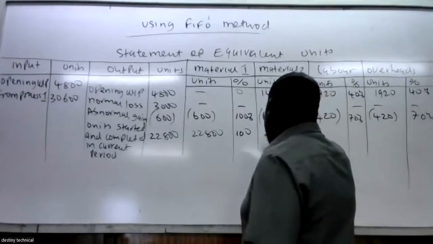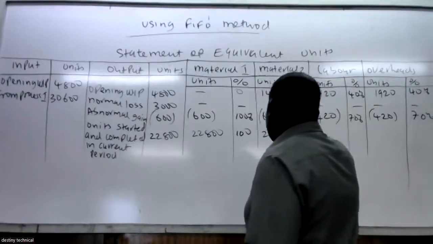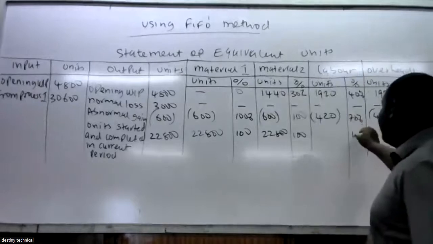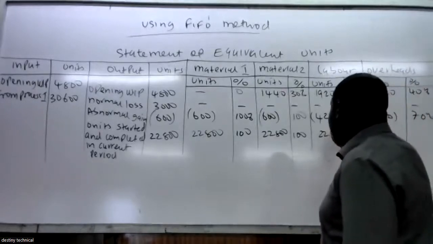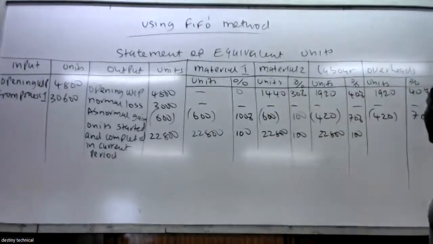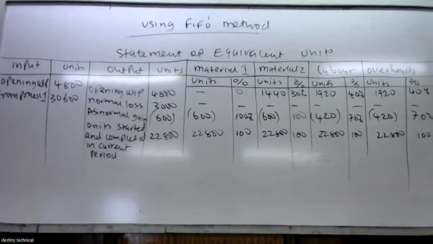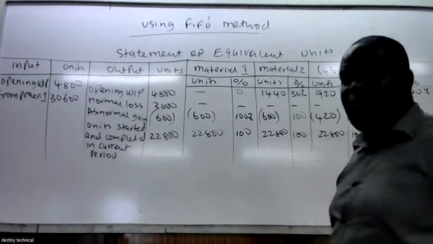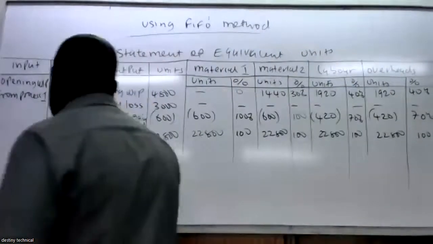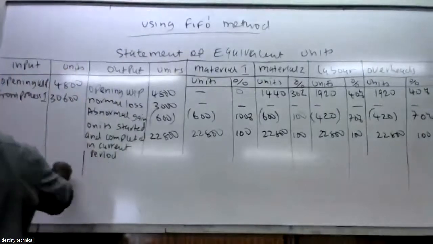Also 100%, giving you 22,800. Also 100%, giving you 22,800. Also 100%, giving you 22,800. So those are the units that were started and completed in the current period.